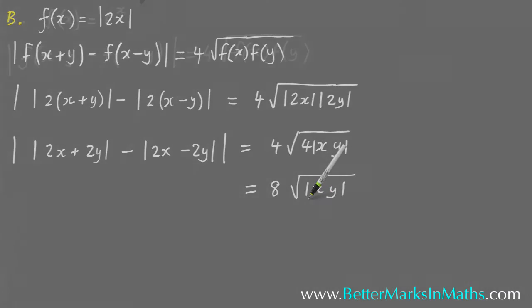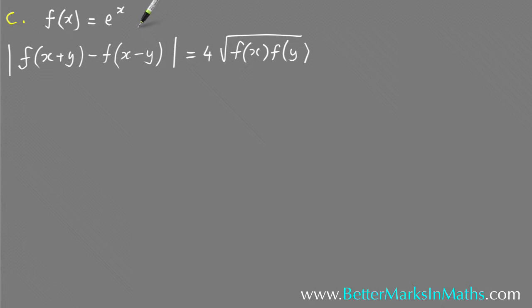So that's part B. So part C, f of x equals e to the x, and then this equation will become the absolute value of, again, replacing the x with x plus y, you get e to the x plus y minus e to the x minus y. And then equals 4 square root.